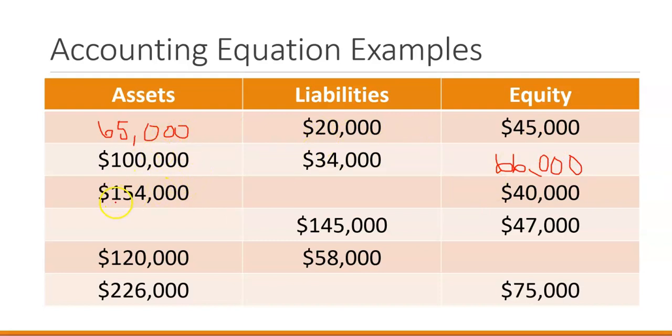Okay. Same thing, 154,000 in assets equals liabilities plus equity. Well, if you have 40,000 in equity, then we have to have 114,000 in liabilities.